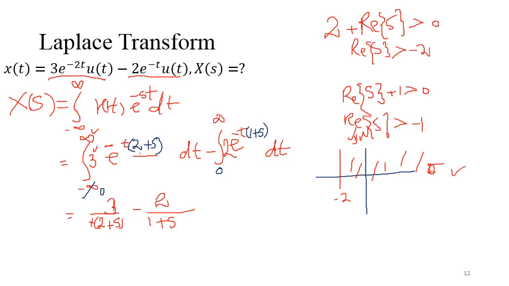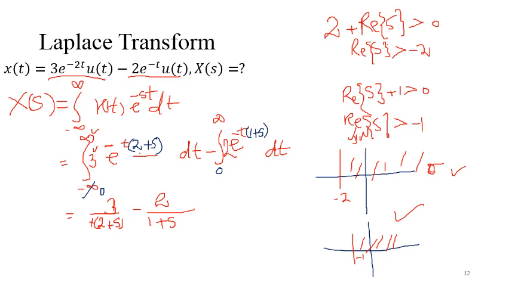For the second signal the region of convergence is something like this. For example, this is minus 1, so all this region greater than minus 1 is the region of convergence. So what is the overall region of convergence? The overall region of convergence will be this one, greater than minus 1.